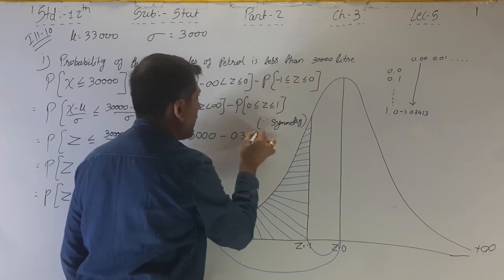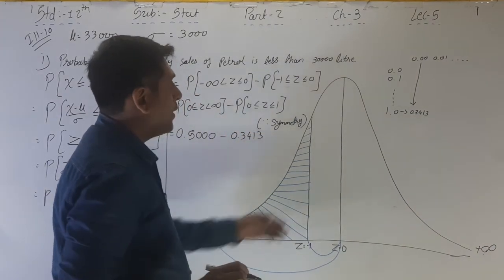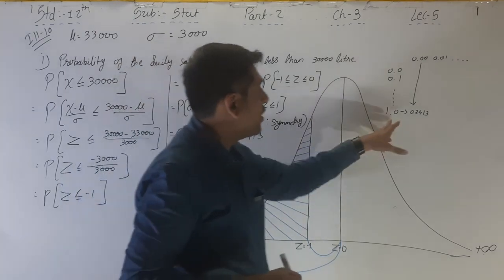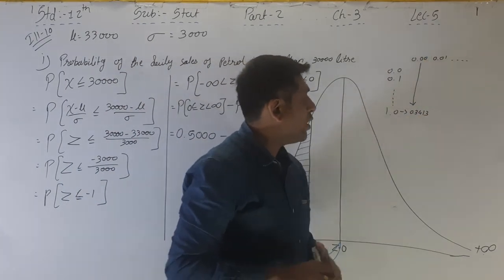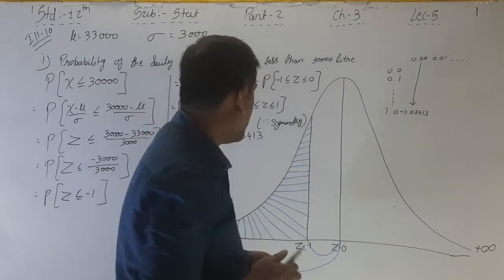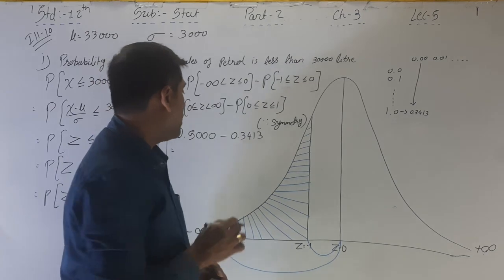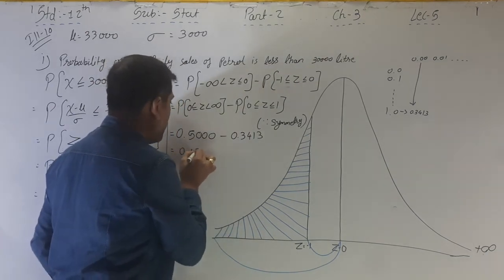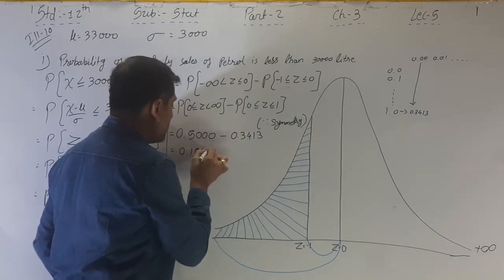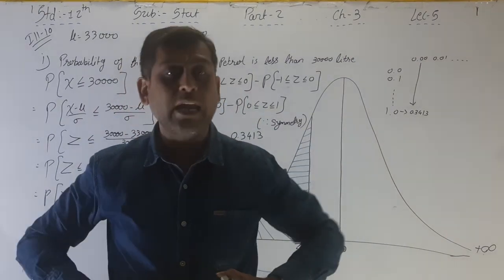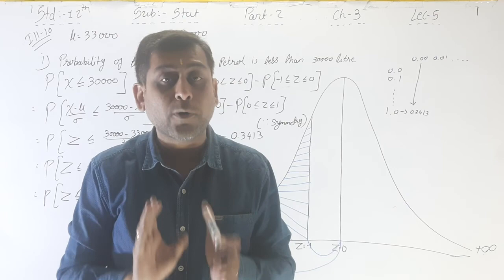In the last page of the standard normal variable table, we can find that 1 exactly is equal to 0.3413. So 0.5000 minus 0.3413 is equal to 0.1587. This is only the probability.